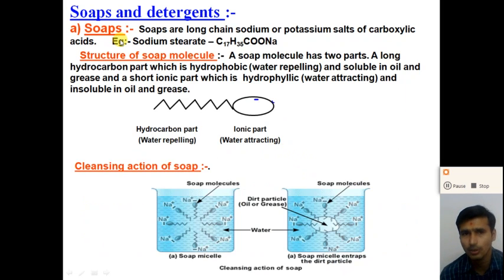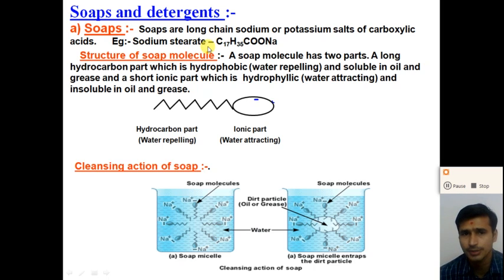Soaps are the long chain sodium or potassium salts of carboxylic acid. When the carboxylic acid reacts with the base, it forms the sodium and potassium salt of the carboxylic acid. So in the salt of the carboxylic acid, the sodium ion or potassium ion is connected to the long chain of hydrocarbon, right? For example, sodium stearate.